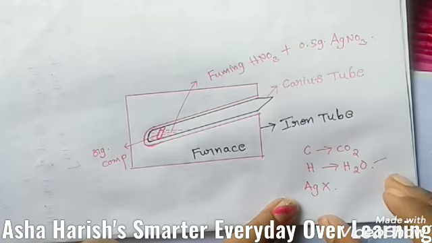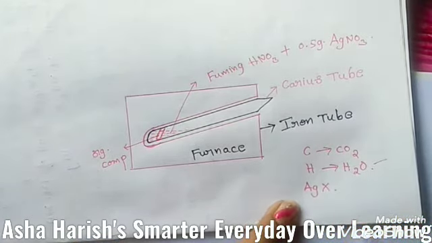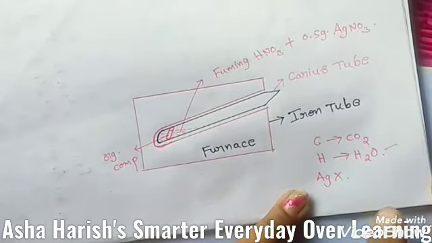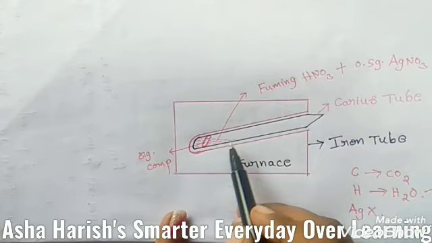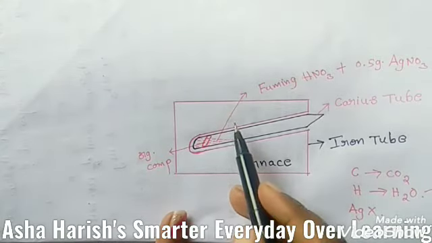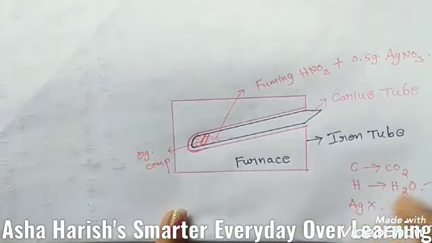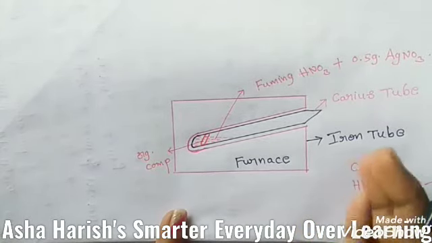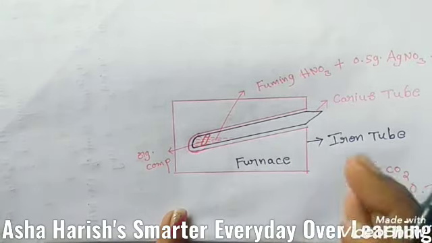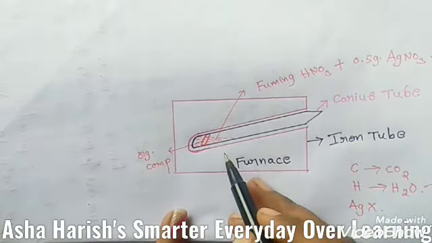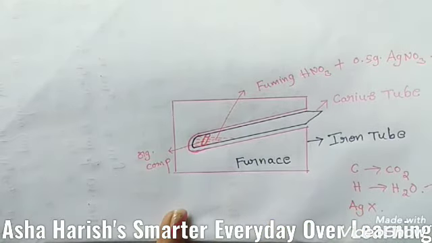After completion of this reaction, the precipitate of silver halide is filtered, washed, dried and weighed. Knowing the mass of the substance taken and the mass of the precipitate formed, the percentage of the halogen can be calculated.